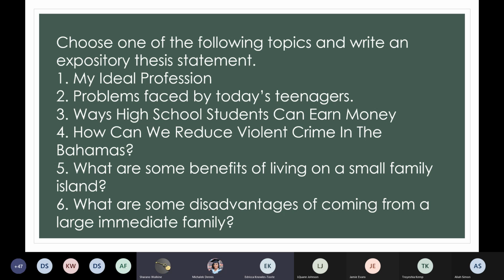So I want some brave souls to select one of these theses. I'll choose it for you so we do this more quickly. For number 2, I want someone to write a thesis statement that mentions problems faced by today's teenagers.